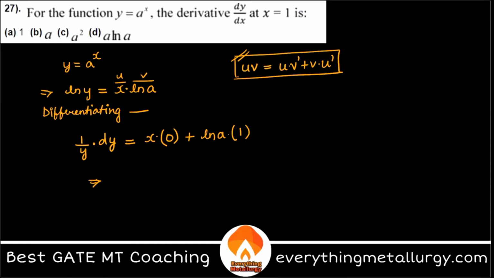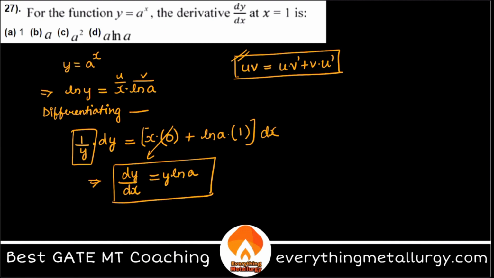So if you carefully see, we are differentiating with respect to x, so this will be dy by dx. Equal to, this is 0, you are only left with ln a, and you have 1 by y on this side. If you take it to the other side, you get y into ln a. So dy by dx is y into ln a.